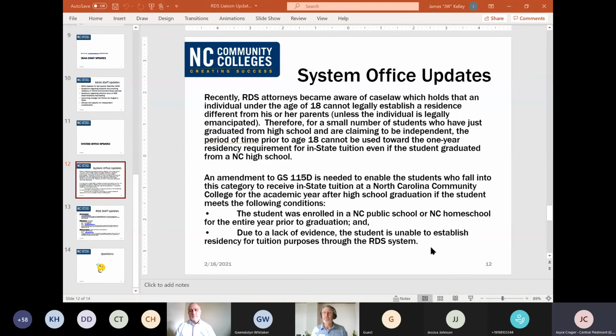JW, this is Joyce. Is it possible that they can lift that 1 year requirement? Because we have students who are 17 and 16 that are graduating from high school. You mean 1 year from the time they graduate? Because they won't be 18 until well after that year if they graduate when they're 16 or 17.